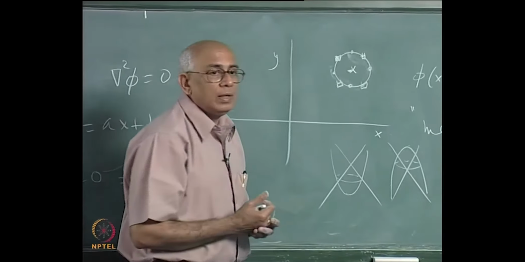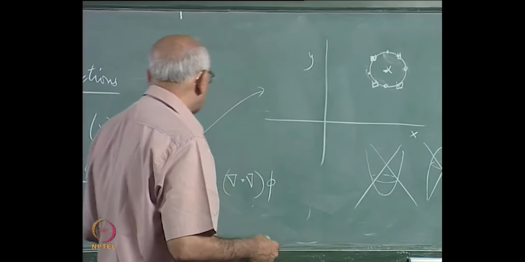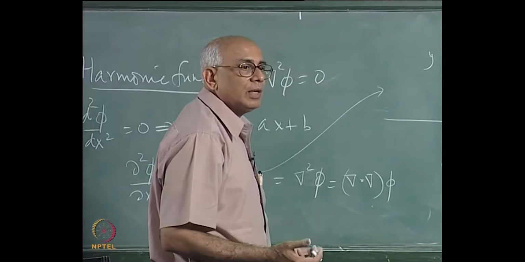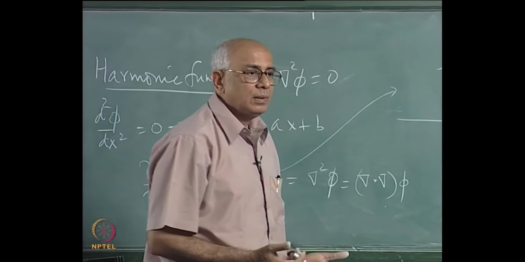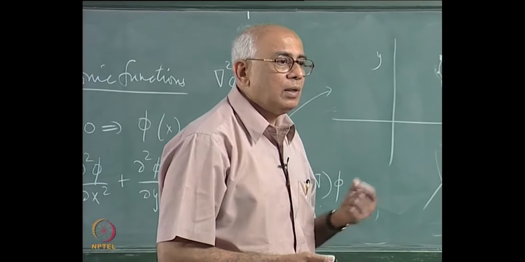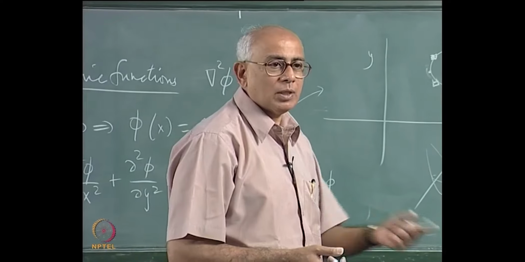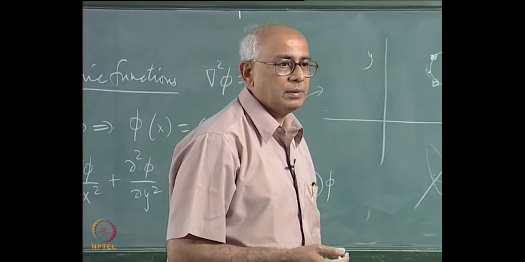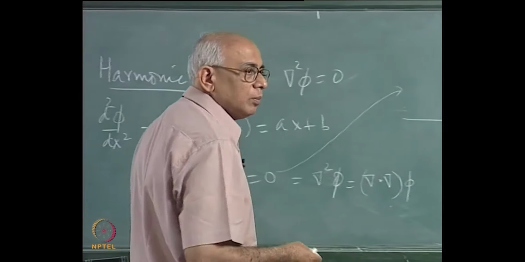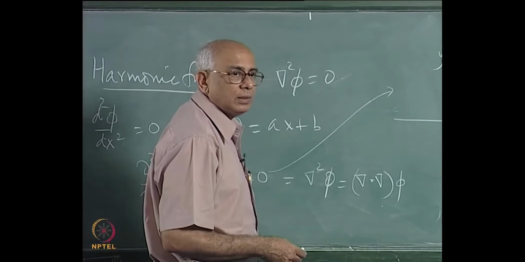And that is the reason why in electrostatics you know that in a charge free region del squared phi must be 0, for the electrostatic potential, and therefore it cannot have any absolute maxima or minima. In particular, it cannot have any stable equilibrium points because that would correspond to an absolute minimum of the potential. This is impossible simply because of the harmonic property of the electrostatic potential.